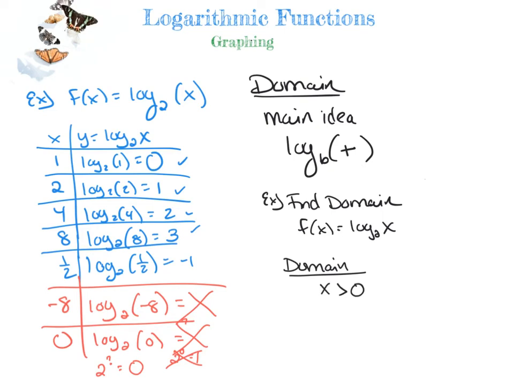Unlike in the square root function though, this argument cannot be equal to 0, so we do not put an equals to 0 underneath. Then generally we write that once it's isolated for x in interval notation. So the domain for this function here would be x's from 0 to infinity, but not including 0.